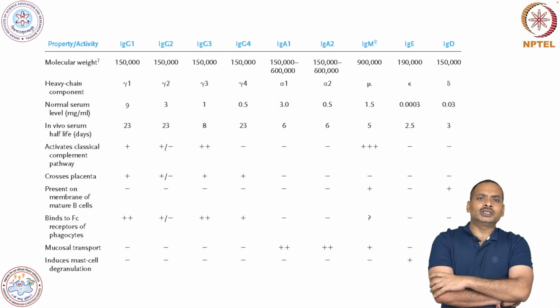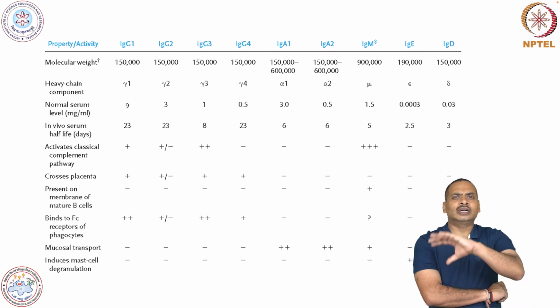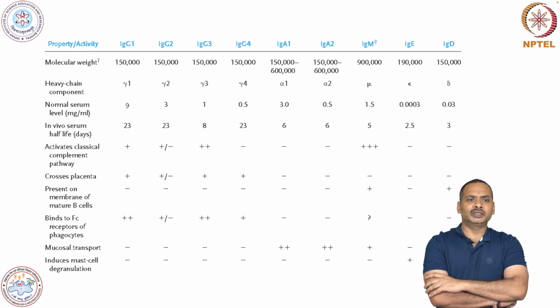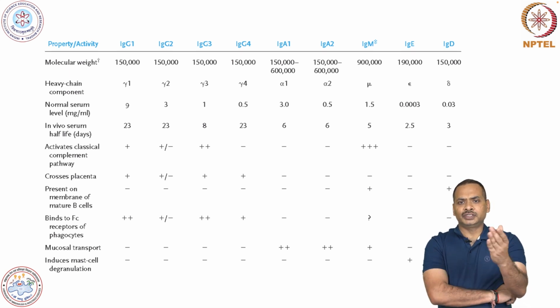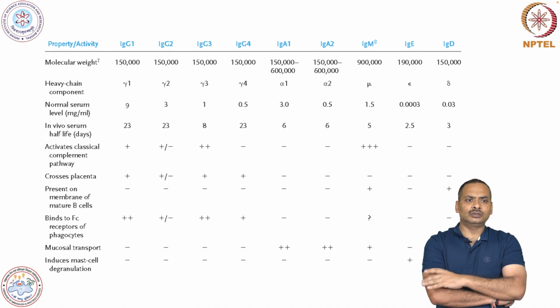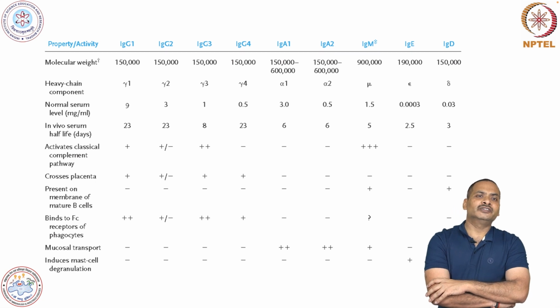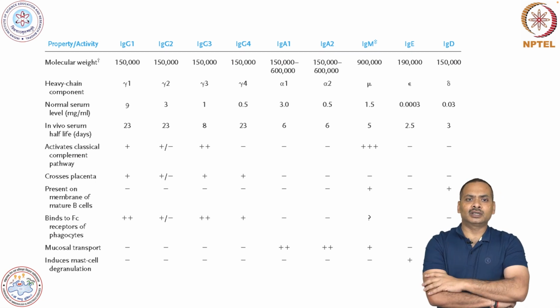Now I will give you a kind of summary of all immunoglobulins. Here you can see on top there is the molecular weight, and I need not tell it. Here you can see that there are different kinds of heavy chain in different immunoglobulins.